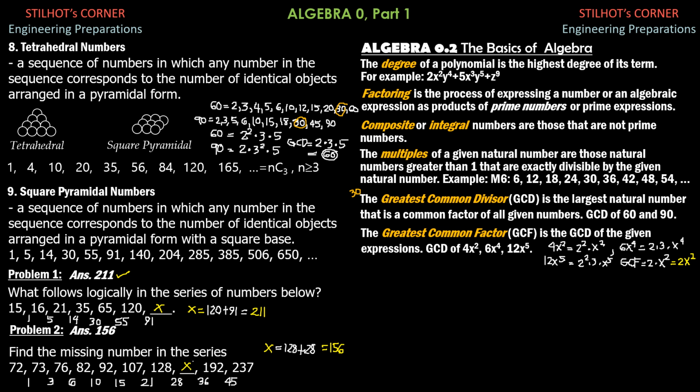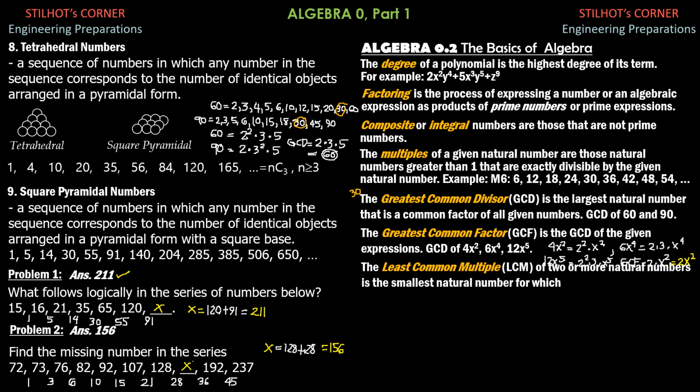We then proceed to the next concept, the least common multiple. The least common multiple of 2 or more natural numbers is the smallest natural number for which all given numbers are factors. For example, find the LCM of 60, 90, and 150.